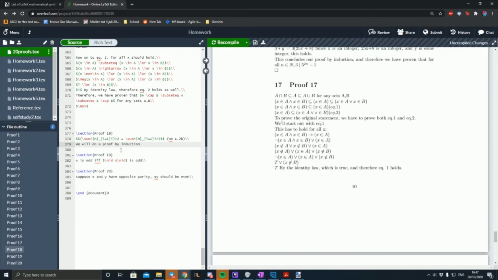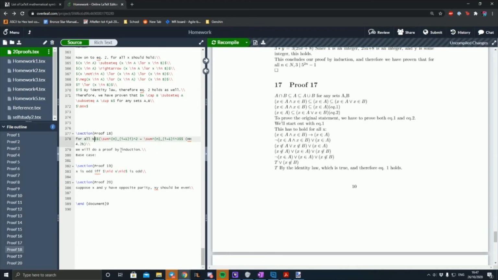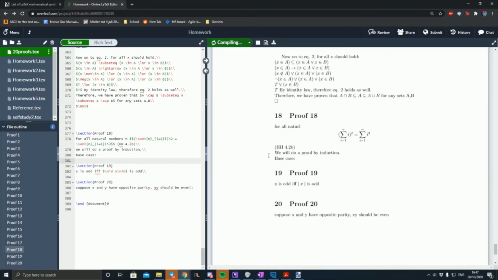You can tell I'm doing one proof more than the rest. Base case, and this is for all natural numbers n, and I don't know if that's natural numbers bigger than or equal to 1 or not.